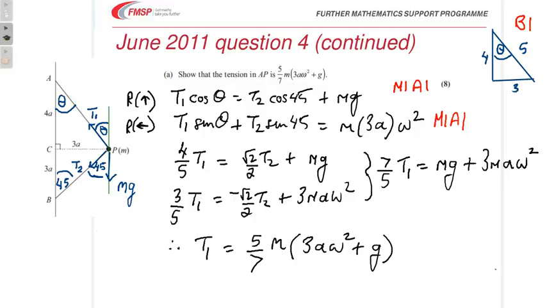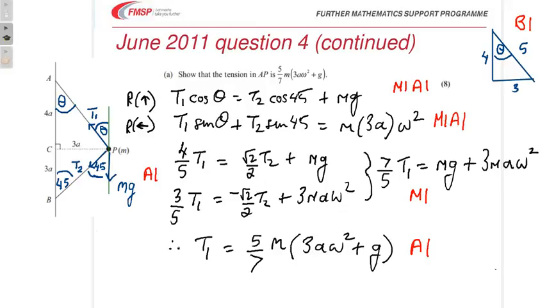For finding T1, there are 3 more marks for that. There's a method mark and 2 accuracy marks then. The method mark for solving the equations, an accuracy mark for putting the correct values in the equations, I think the 4/5 and 3/5 and root 2s, etc. And an A1 for that. Does that give 8? Yeah.